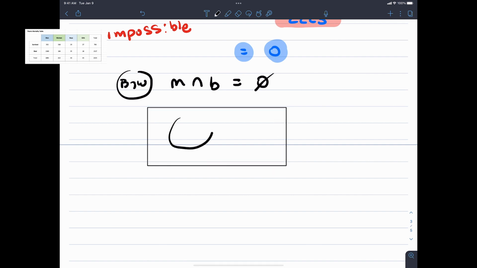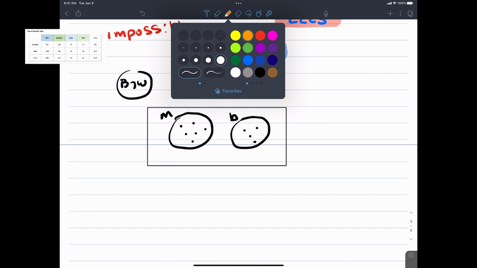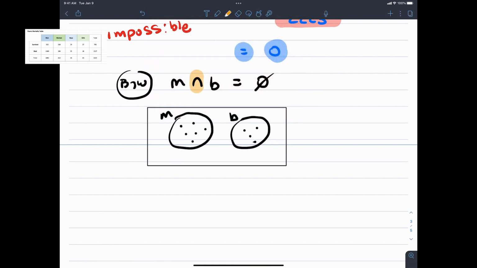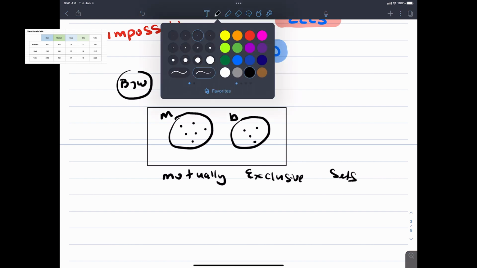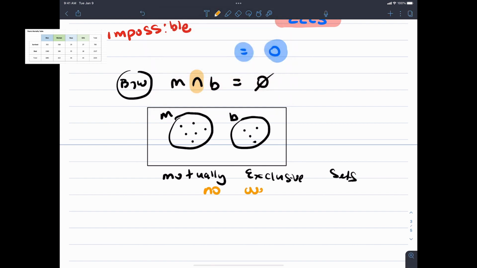If I put the name of all the men and I put the names of all the boys, I put them on a list, that intersection in orange, we say is empty. In other words, this is a picture of what's known as mutually exclusive sets. In other words, for short, there's simply no what? There's no overlap. Can't be both.